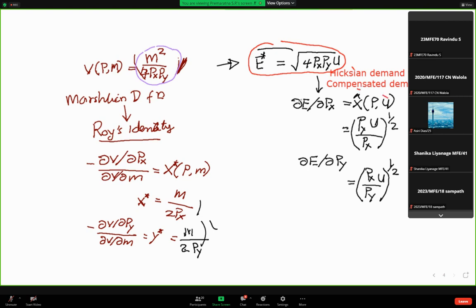This exercise we call, now the previous one we call Roy's identity, this exercise we call Shephard's lemma.